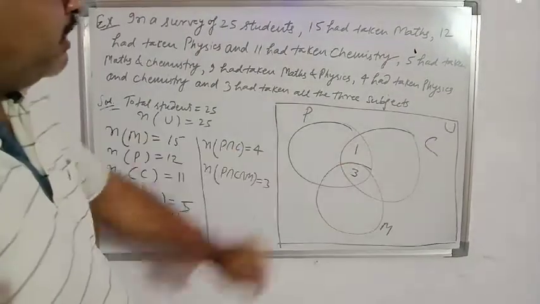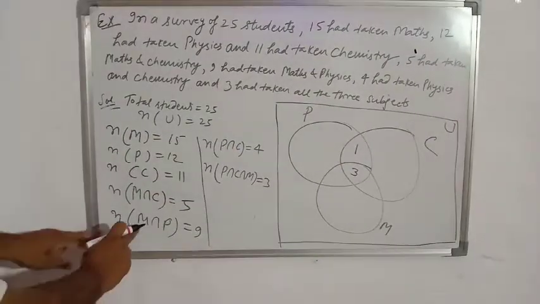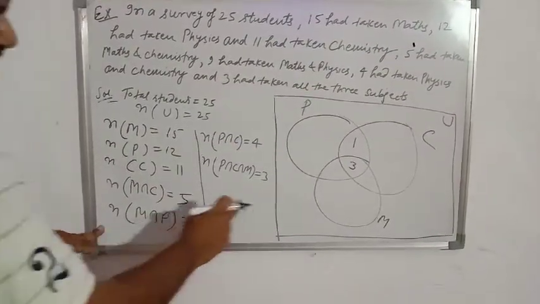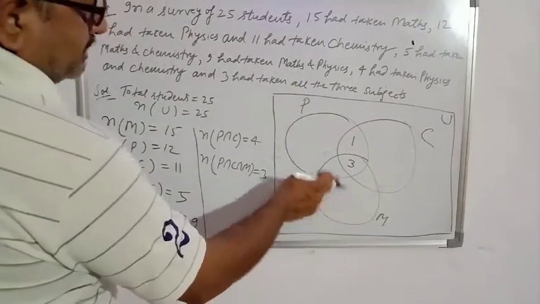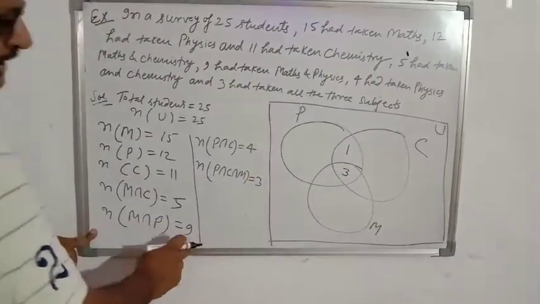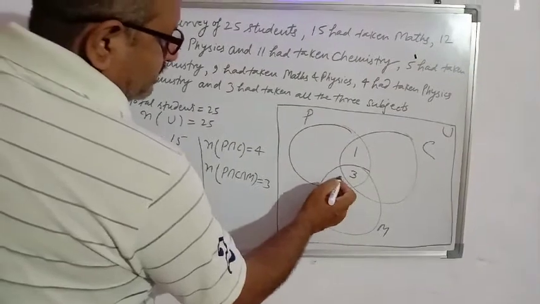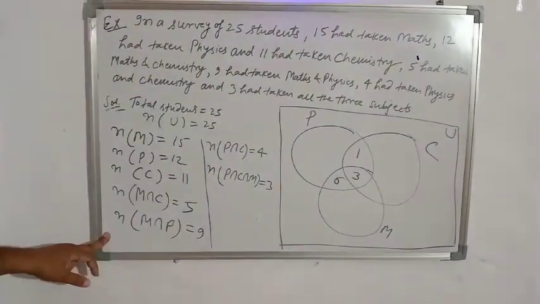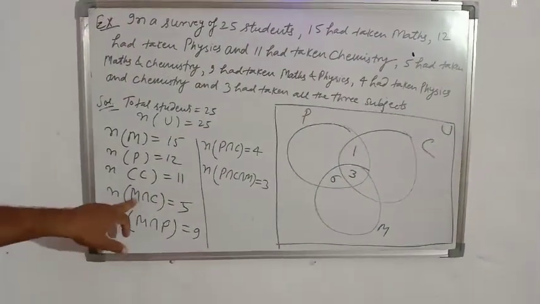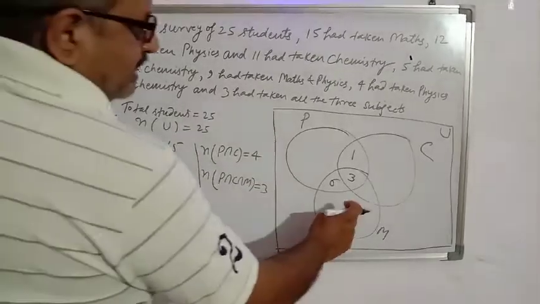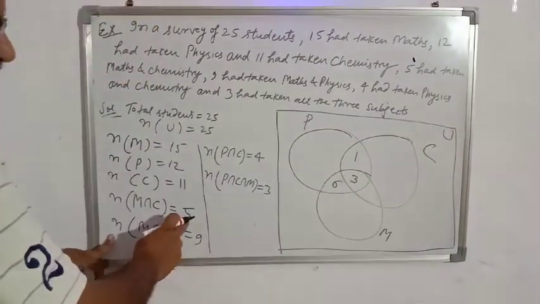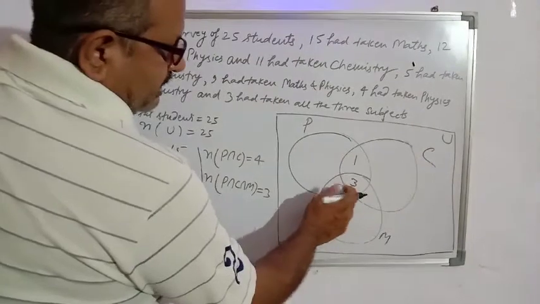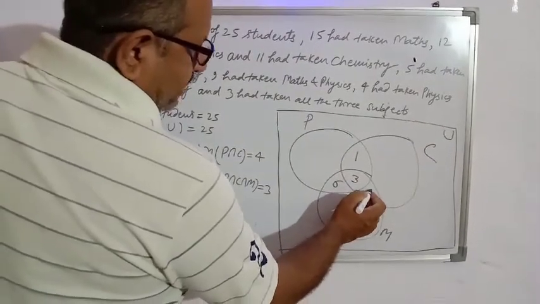So 3 plus 1, 4. Then math intersection physics. Cardinal number is 9. 3 is already written. We will write here 6. Then math intersection chemistry, number is 5. 3 is already written in this region. So here we will write 2.